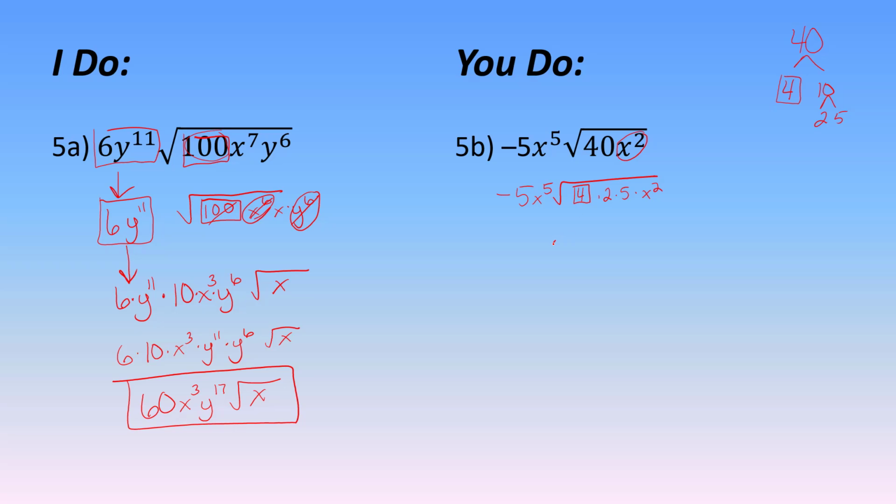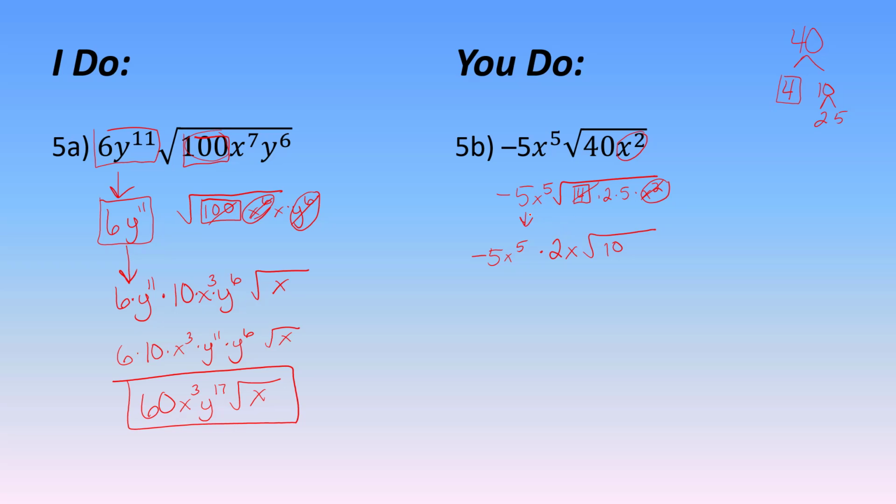Root 4 is 2. X squared, we take out half of them, x. Put everything else back together. So 2 times 5 is 10. And drop down what was in front of the radicand in front of it again. So negative 5x to the 5th.